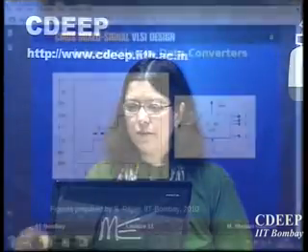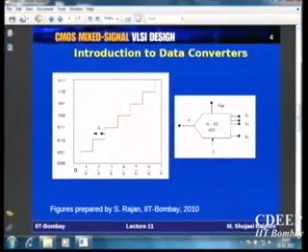Therefore, we need to have a sampling frequency, meaning we need to sample the signal. So the input of this module is some sampling clock. The input signal is completely analog, continuous time, continuous amplitude, but inside the ADC we will have a sample and hold or track and hold circuit.